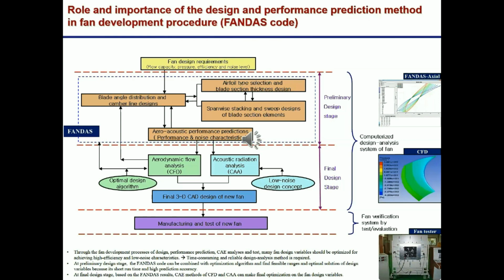Final fan design model is manufactured and tested in fan performance tester. So, in this study, we're going to explain about the FANDAS code and how the FANDAS code is combined with the optimization algorithm and the CFD simulation method. We will also talk about the application example of a variable pitch axial flow fan.